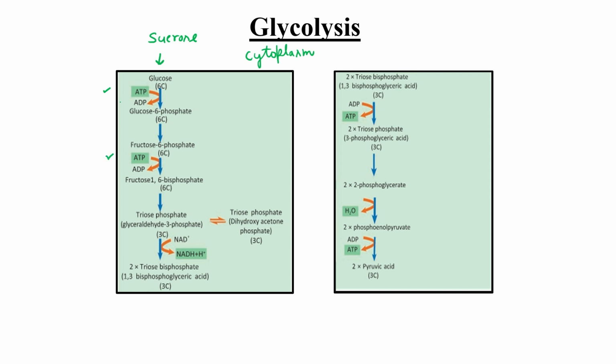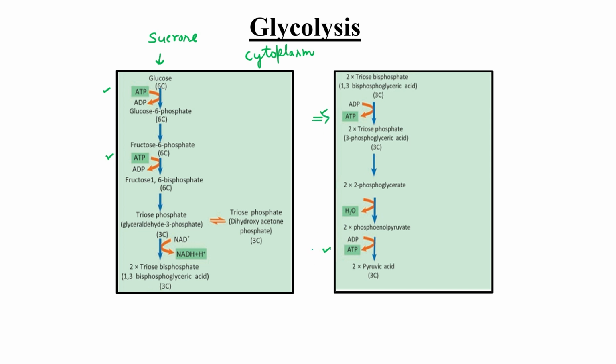During the initial stages, this glucose actually utilizes an ATP molecule, as you can see over here. It utilizes one ATP molecule here, another ATP molecule here. Why? To convert this glucose into glucose 6-phosphate and fructose 1,6-bisphosphate. For this purpose, initially glucose utilizes 2 ATP molecules, but in the last steps of the glycolysis pathway, 4 molecules of ATP are generated, as you can see over here.